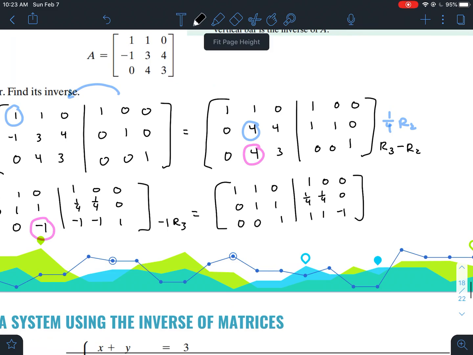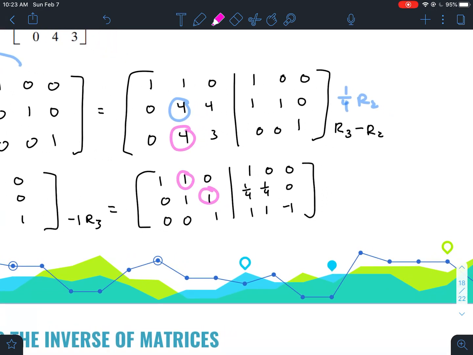All right, we're almost there. But now I need these numbers right here to become zeros. And so to get those numbers to become zeros, I could do row 2 minus row 3.